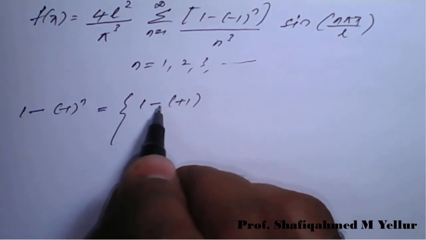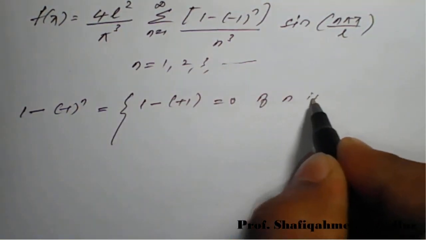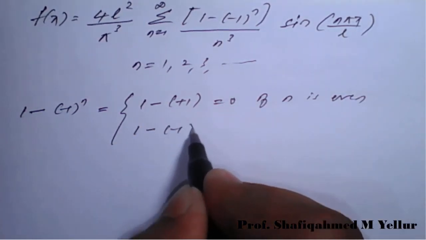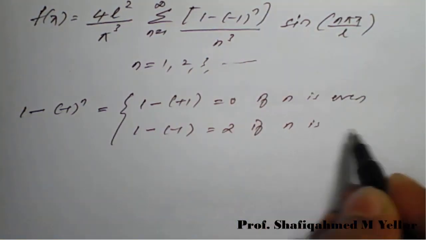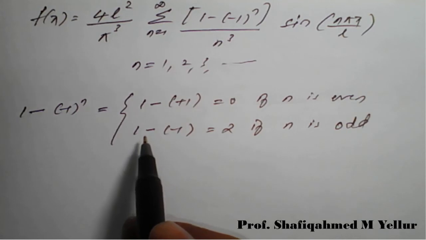So 1 minus 1 will become 0 if n is even, and 1 minus of minus 1, which is nothing but 2, if n is odd. So this is a simplification, you can check.